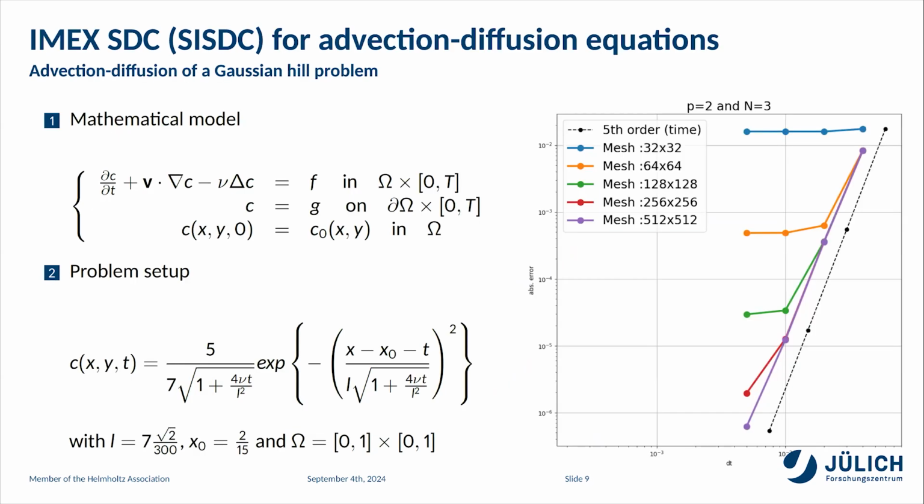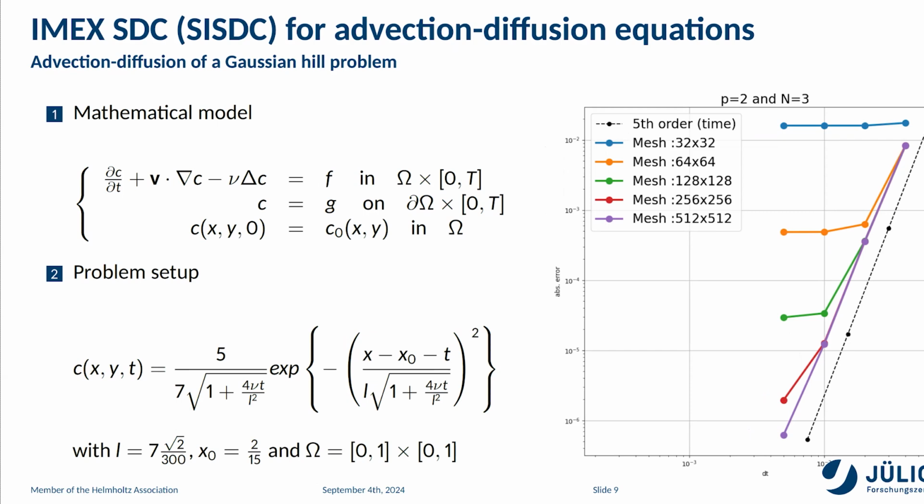Now comes the first test. Here I want to test the IMEX SDC. I solved the convection-diffusion equation for the Gaussian hill problem, and I used 3 nodes.